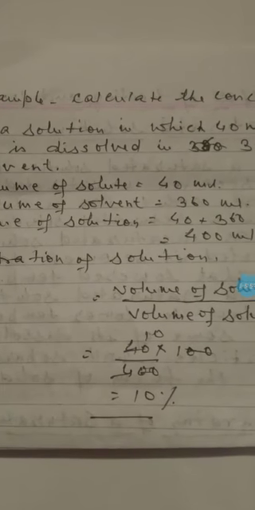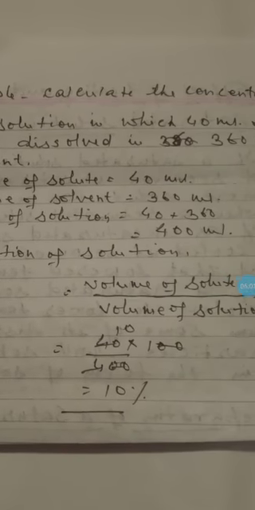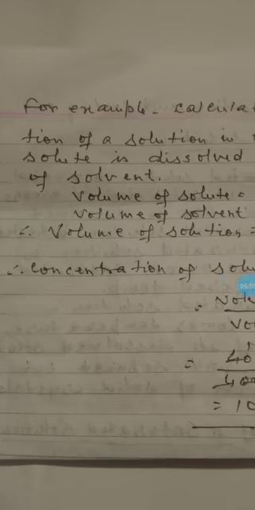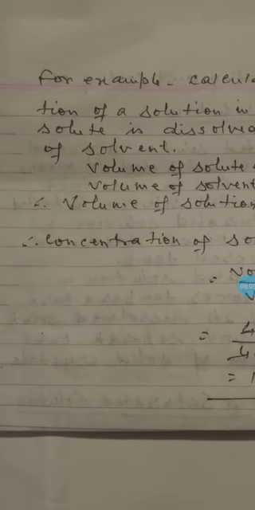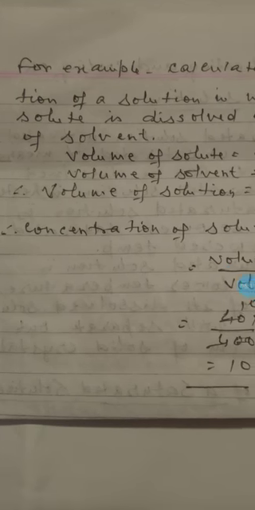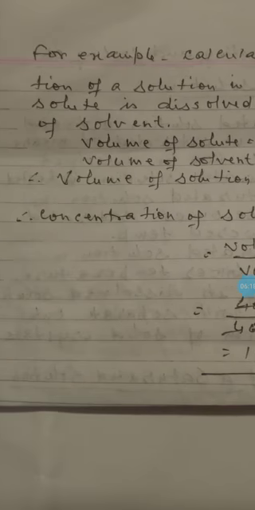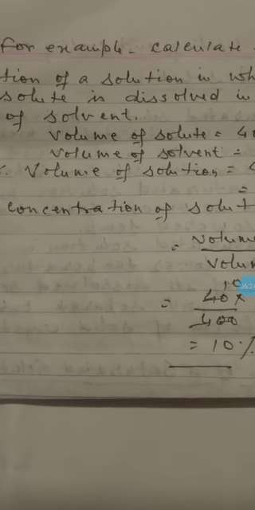For example, we take 40 ml of solute dissolved in 360 ml of solvent. Volume of solute equals 40 ml, volume of solvent 360 ml, volume of solution equals 40 plus 360 equals 400 ml.